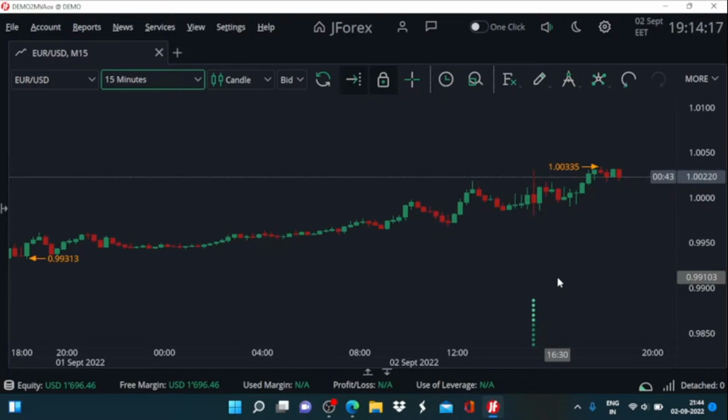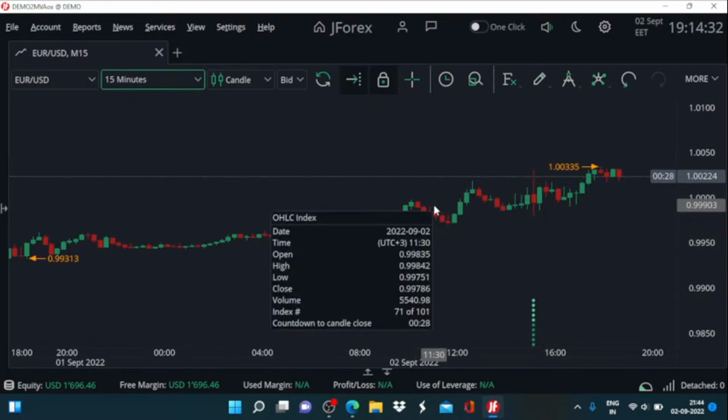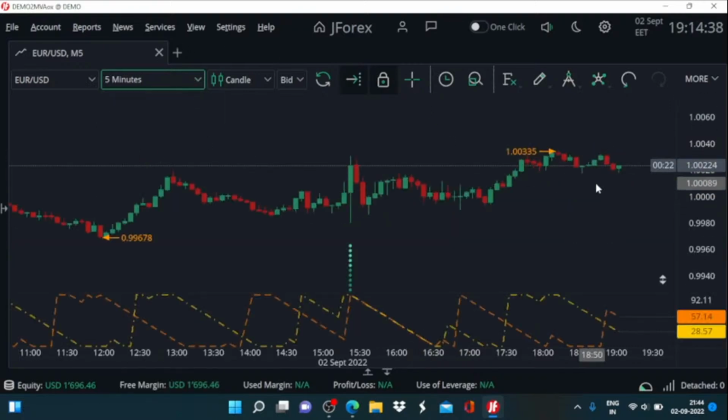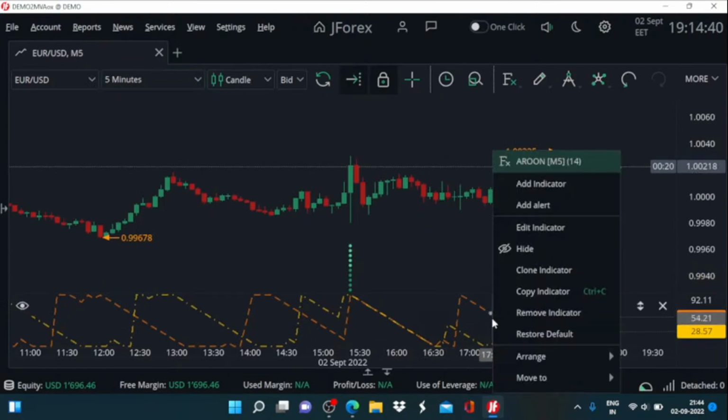Suppose you are working with a combination of different time frames with different indicators, then this feature becomes useful, as you can add another indicator for these 15-minute candles, and then tally both of these indicators' output and make informed trading decisions based on that. So it is a very useful property.